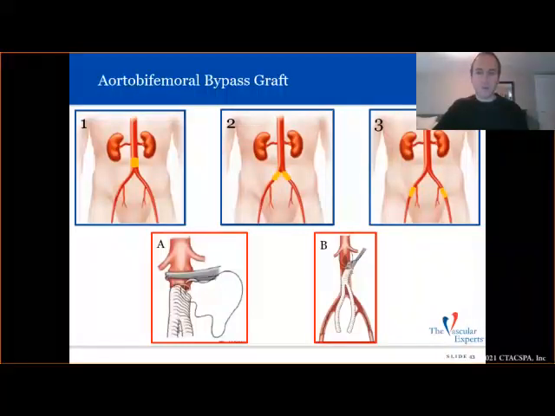So if both external iliacs are occluded, the bypass takes the blood from the aorta, shunts it down to the femoral artery, and then it flows retrograde up the iliac. And if both external iliacs are occluded, then there's no flow to the hypogastric, and they can have buttock ischemia and colonic ischemia. So A in patient 3 is contraindicated. So you have to do B if you had a patient with that anatomy.